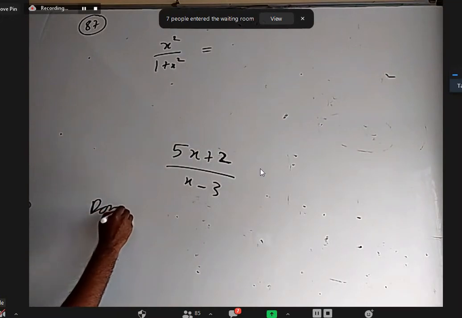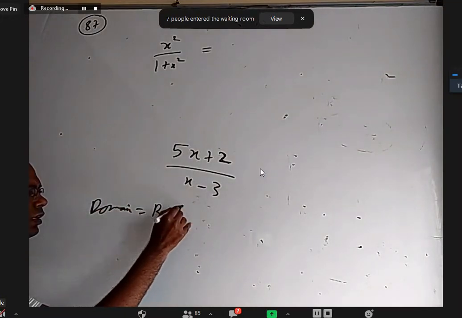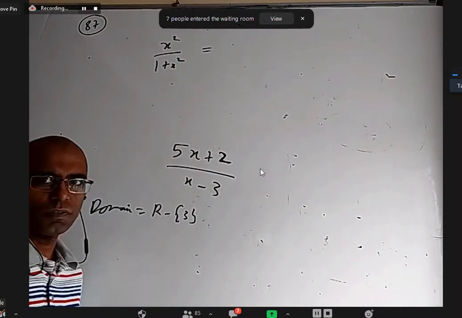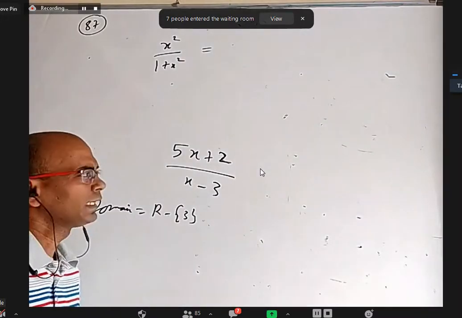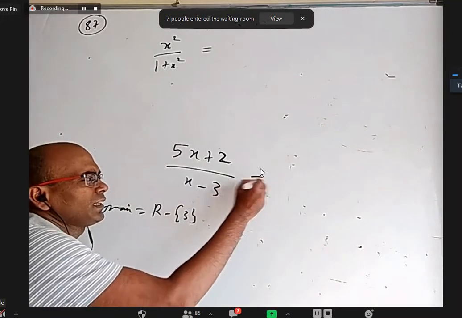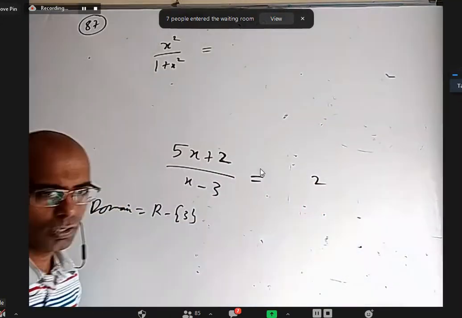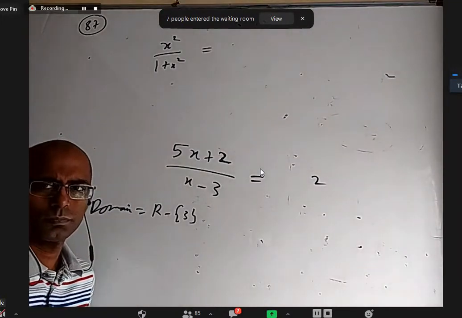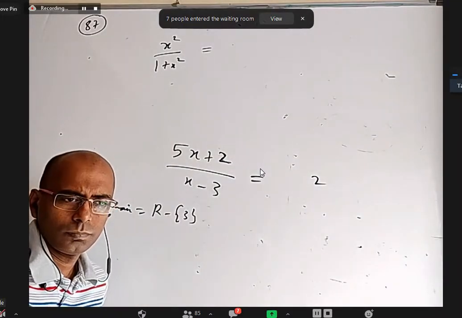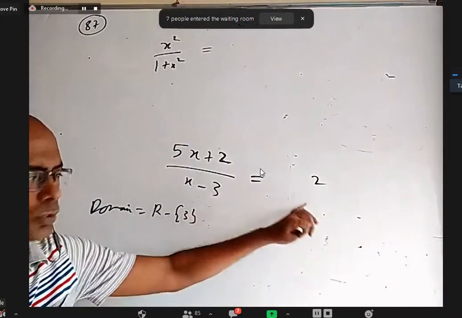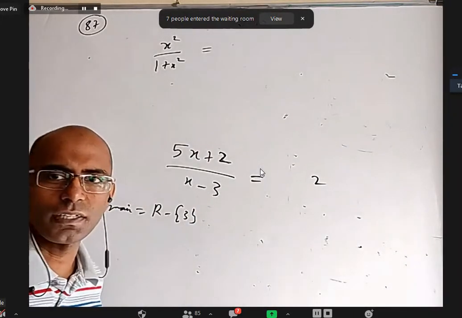So no doubt, domain is all real numbers except 3. Let us come to range. Before actually finding the full range, whether number 2 will be there in the range or will not be there, that means you equate this to 2 and see whether an x value you are getting or not.